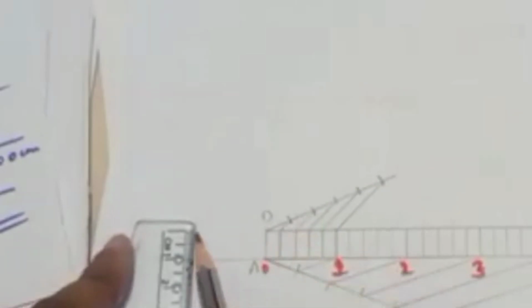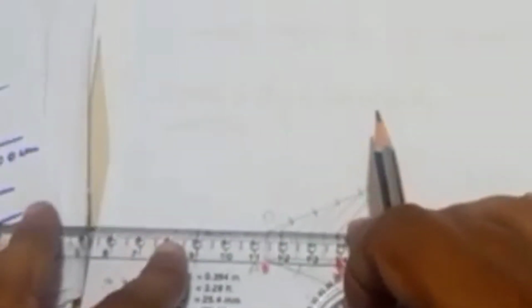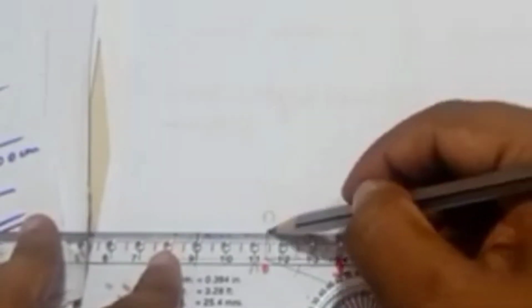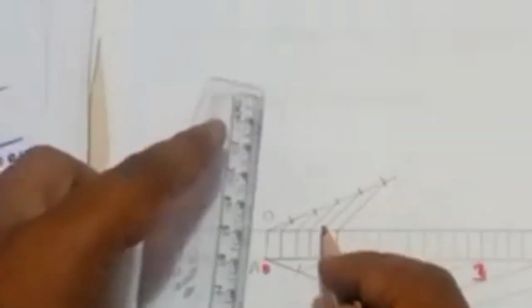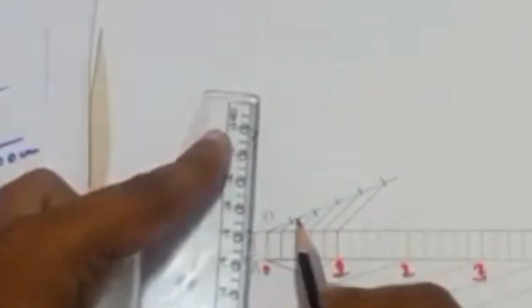Extend the line so that, give a width of 1 centimeter. So you can equally divide. So here guys, you can use the compass, measure any one length of a single box and cut it. Okay.